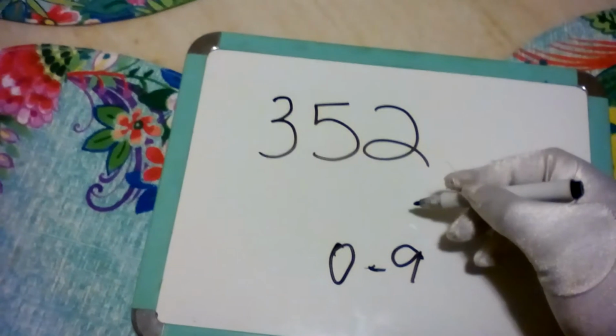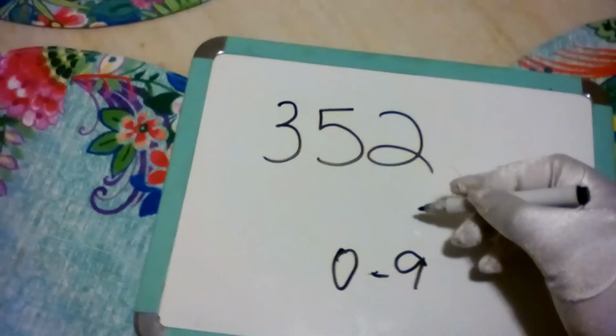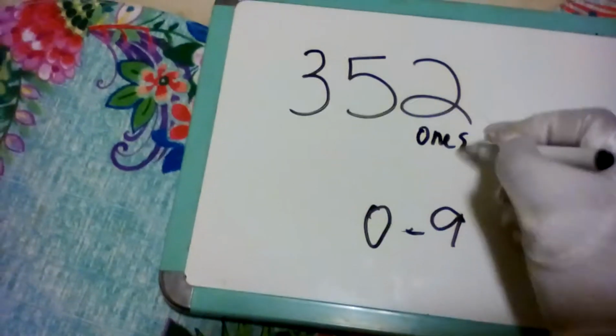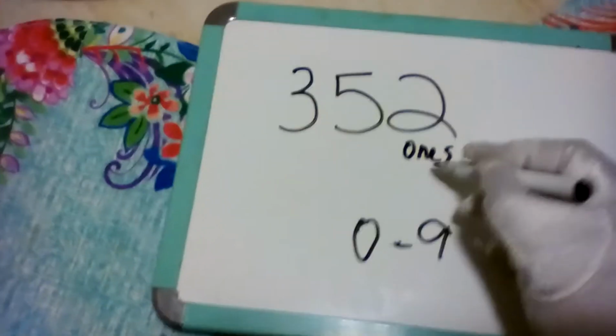To the farthest right of the number is the ones place. Let's look at that for a second. The ones place has a numerical value of times 1. Directly to the left of the ones place is the tens place.